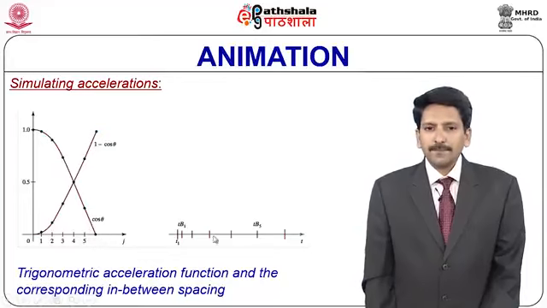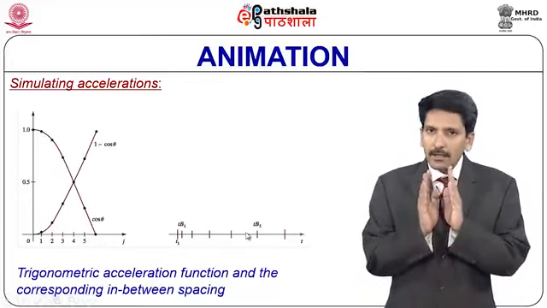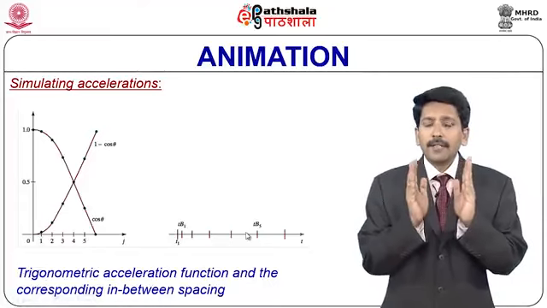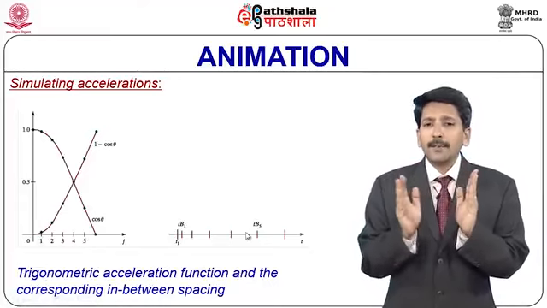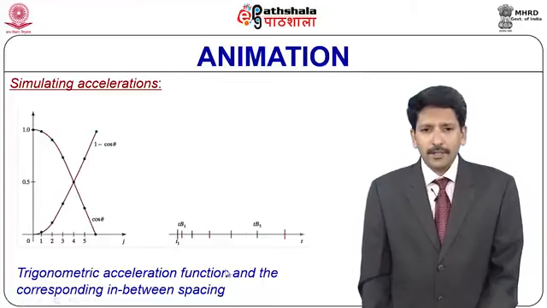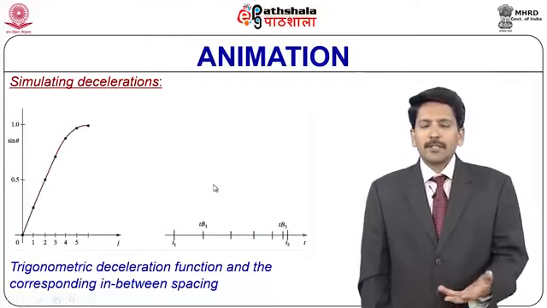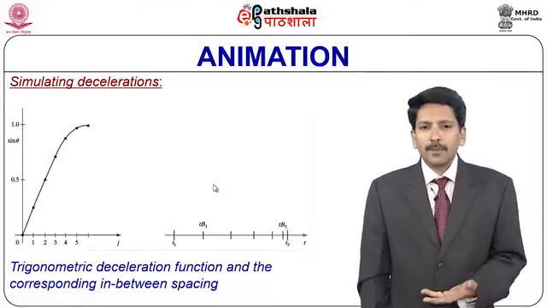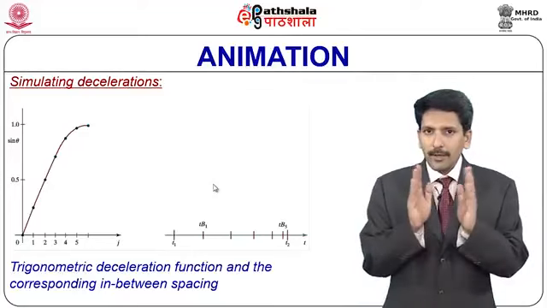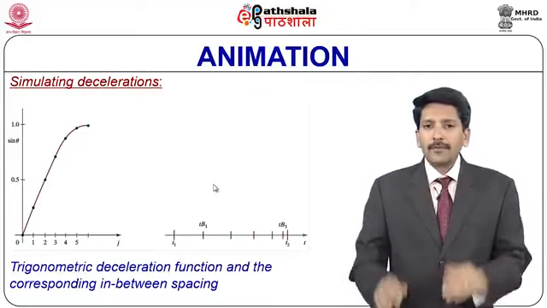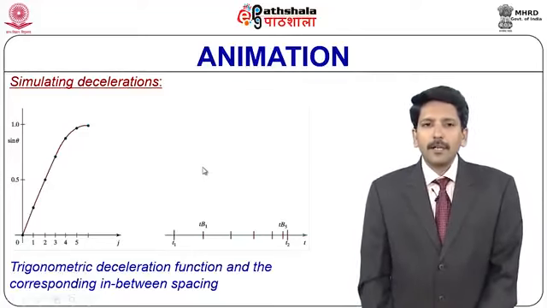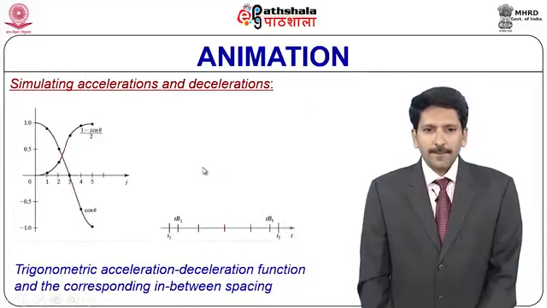We can keep distances between the various frames in such a way that we can simulate acceleration and deceleration. The spacing is adjusted according to the requirements. Similarly for deceleration, you can vary the spacing between various frames or important frames, so that you can simulate accelerations and decelerations.